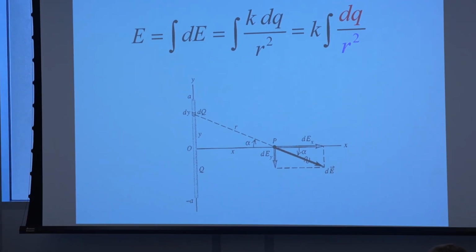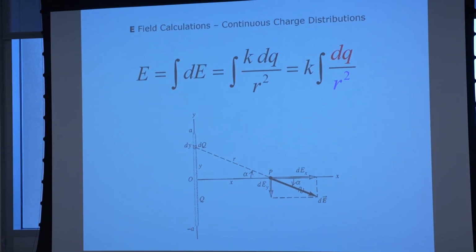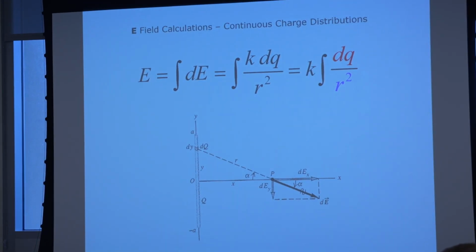And then once we got the finite wire, we had to make it infinite, which wasn't so hard. But the finite wire was a lot of work. Well, we're going to do this in a much easier way using Gauss's law. Are you ready? Okay, so let's do it.